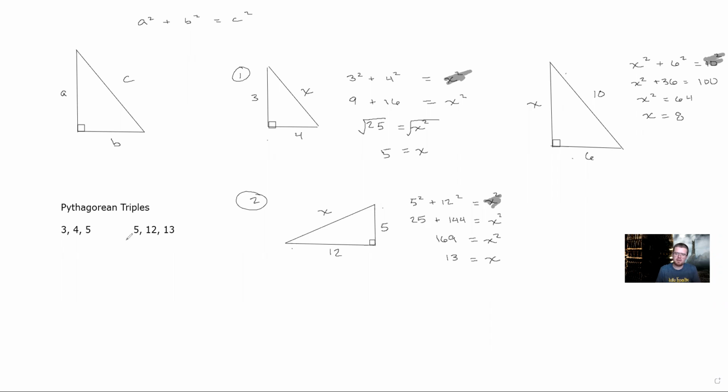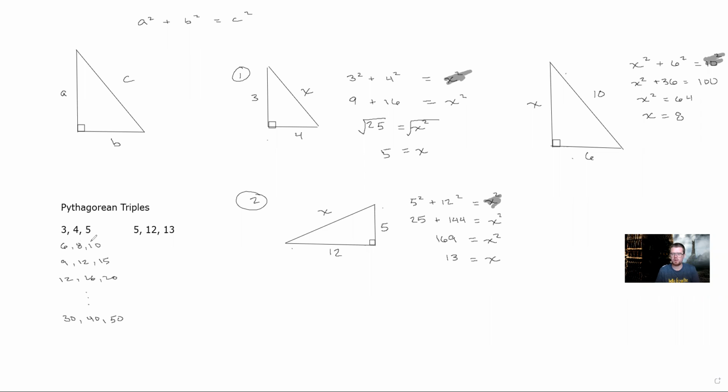3, 4, 5, and 5, 12, 13 are the most common Pythagorean triples that you'll see on a standardized test. Also, any multiples of these numbers are also Pythagorean triples. So for instance, 3, 4, 5, like we just saw, if I multiply those by 2, 6, 8, 10 is also a Pythagorean triple, as is 9, 12, 15, as is 12, 16, and 20, 30, 40, 50.